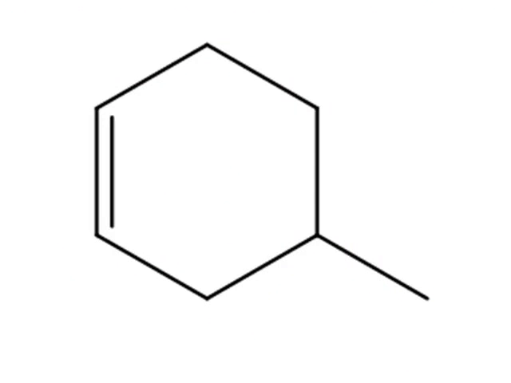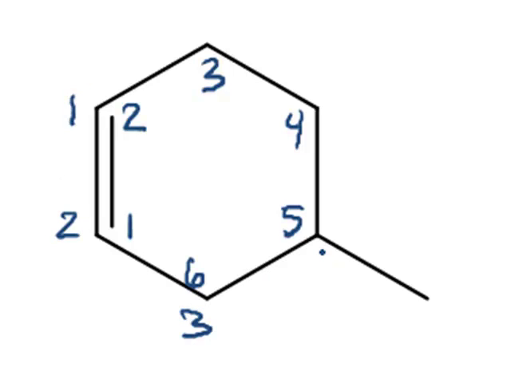I have 2 options for naming the structure. One would be to number clockwise and say that the double bond starts on carbon 1, proceeds to 2, 3, 4, and 5. I would have a total of 6 carbons in this ring. The other option is to start here and number 1, 2, 3, 4, 5, and 6.